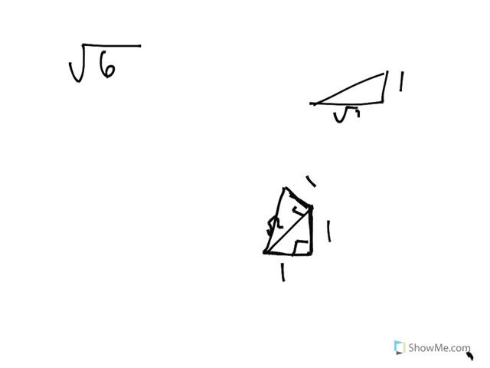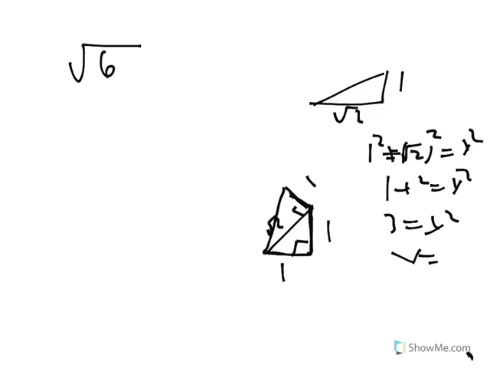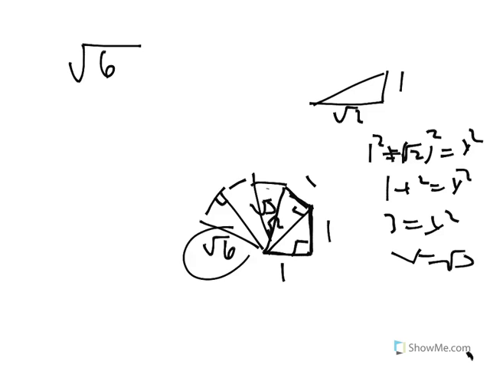By the Pythagorean theorem, 1 plus square root of 2 squared equals x squared, 1 plus 2 equals x squared, 3 equals x squared, x equals square root of 3. Now I just keep doing this, square root of 4, square root of 5, square root of 6. That takes a little while, but that would work.